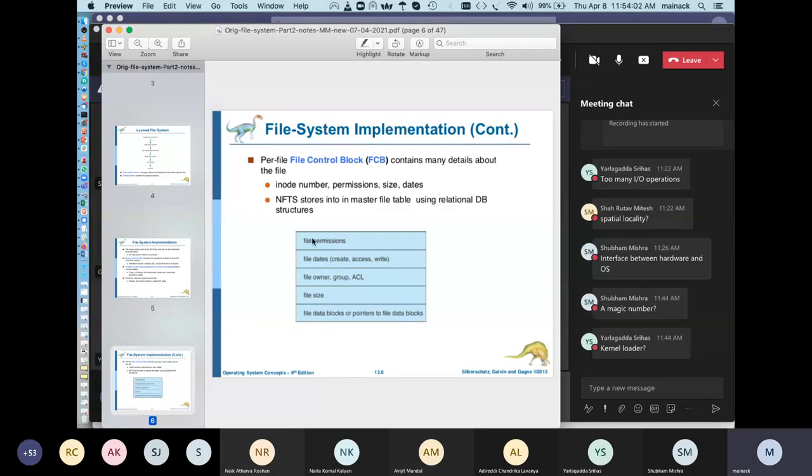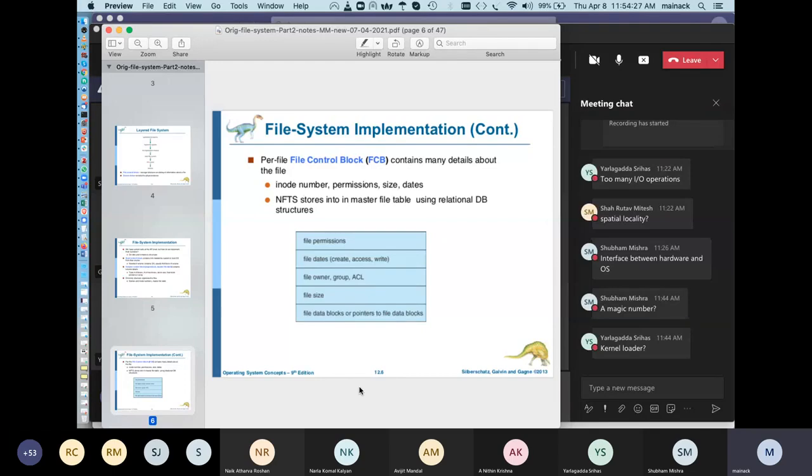When I say that this FCB can have the file data blocks itself, that means for each file, say the file actually takes 5 blocks of data, then you have a 6th block at the beginning. You append a contiguous 6th block at the beginning if you can, and you put your information there.